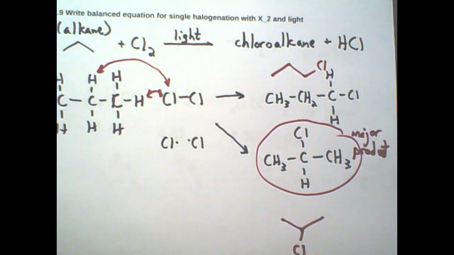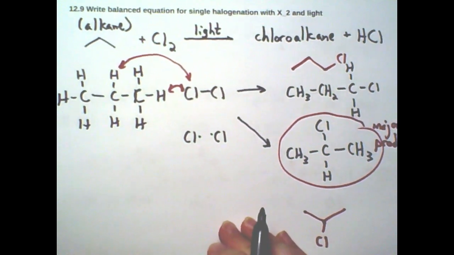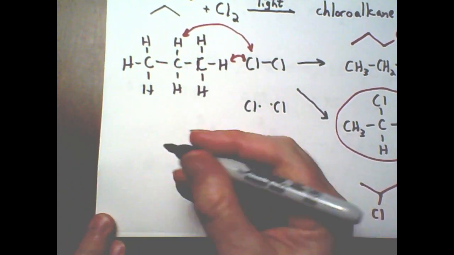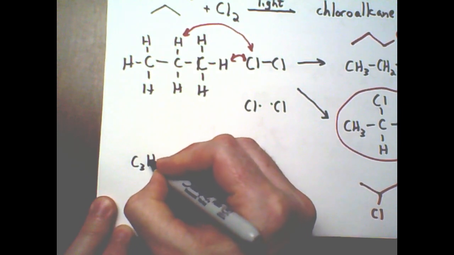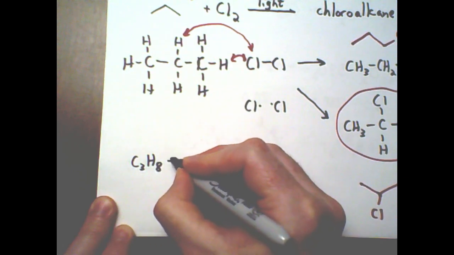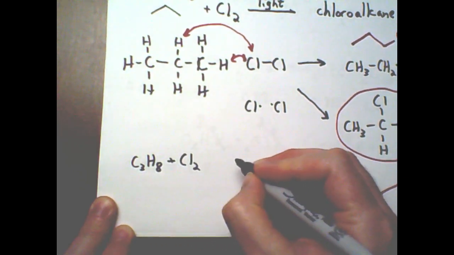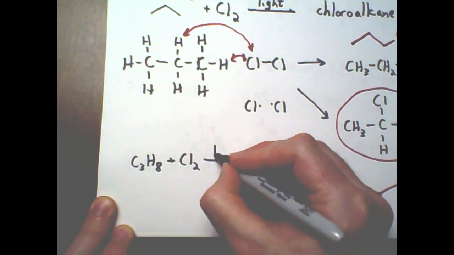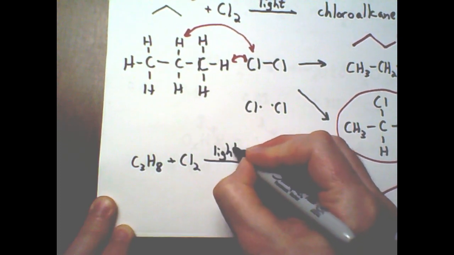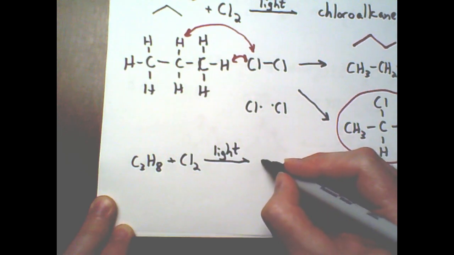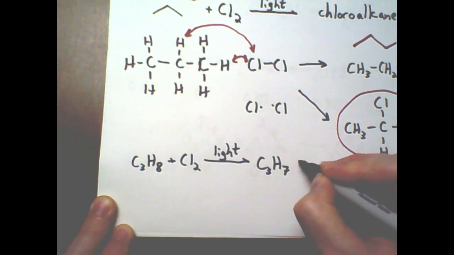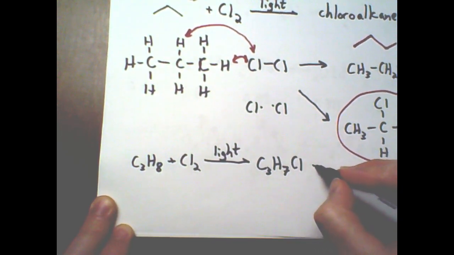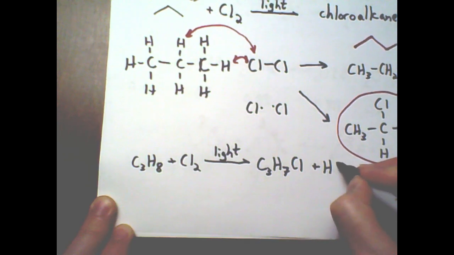If I were asked to write the formulas out, I would have something like C3H8 plus Cl2 and light, and it becomes C3H7Cl plus HCl.